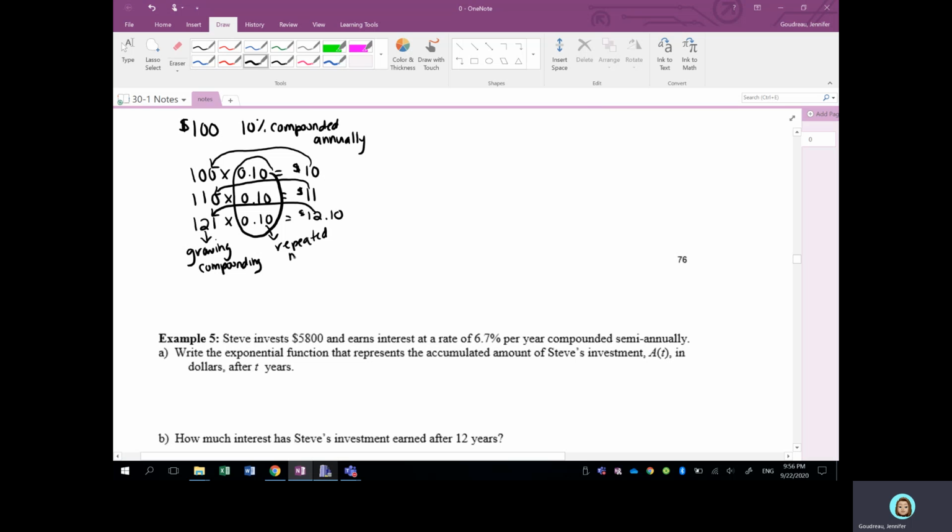When we have a repeated multiplication, that means we are talking about exponents. And that's why compound interest is a really good example of an exponential function, because we multiply by the interest rate for every year and we add that interest in.